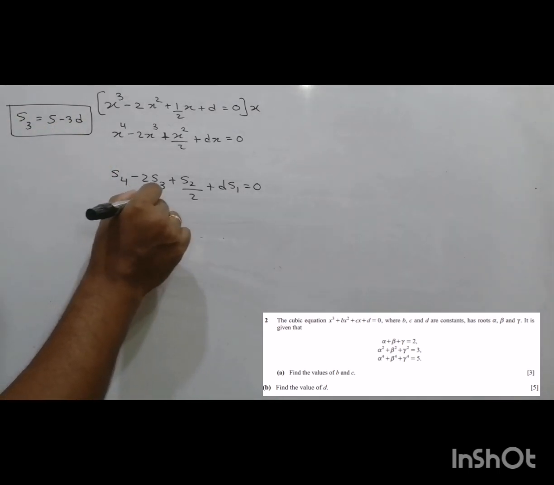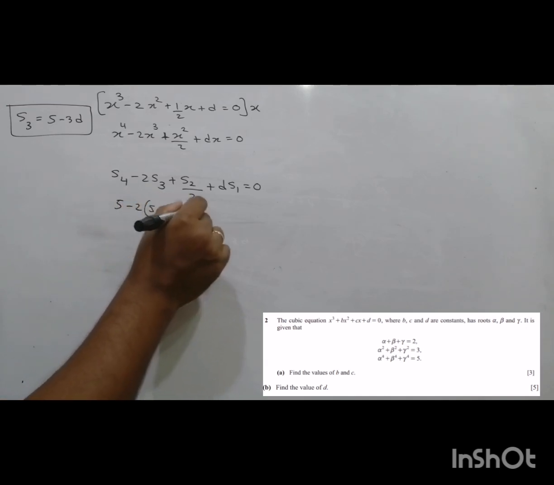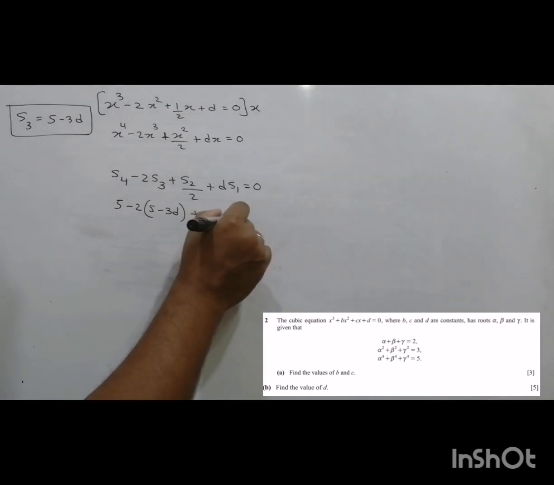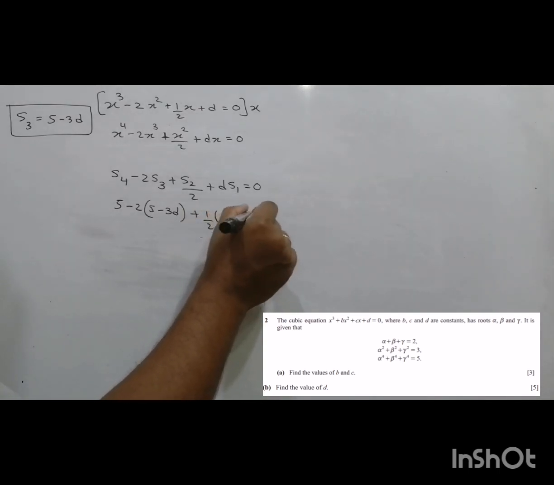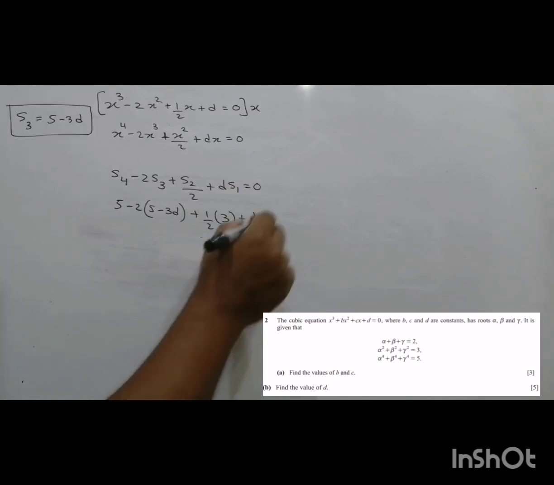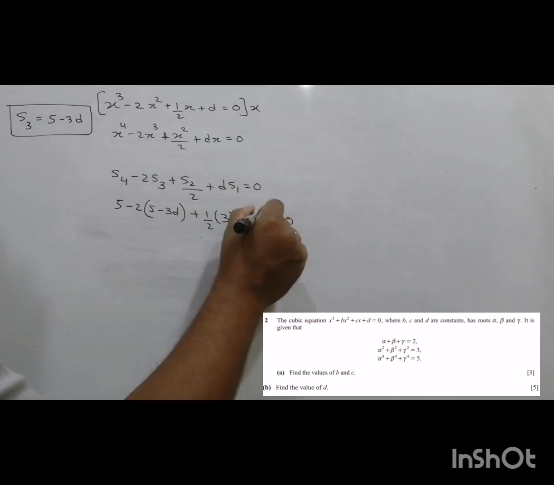So minus 2 S3 would be 5 minus 3D, plus half S2, S2 is 3, plus D times S1, the sum of the roots, which is 2, is 0.